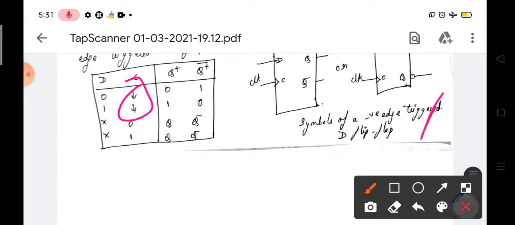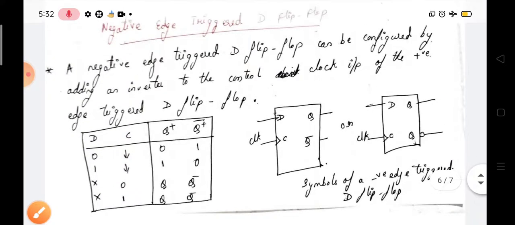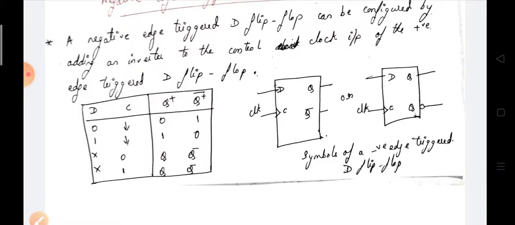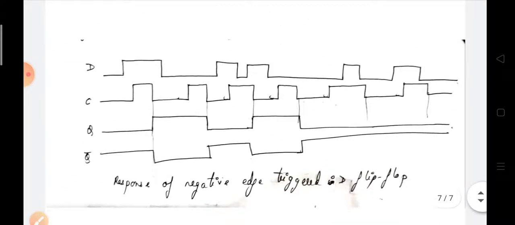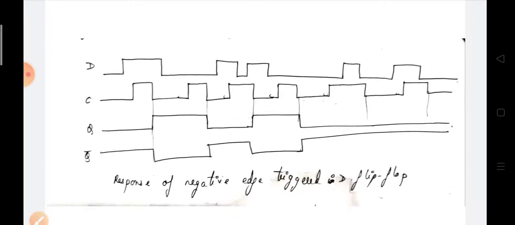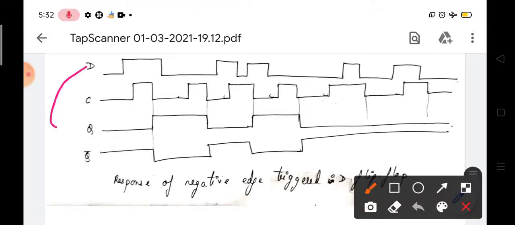So you can see here, this is the symbol of a negative edge triggered D flip flop. Similar to this, I have put up the response, showing how D appears at Q only at the negative edges. See here D is 1 up till here, but since the clock is 0, this D will not appear at the Q output.